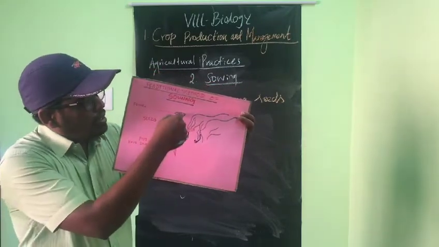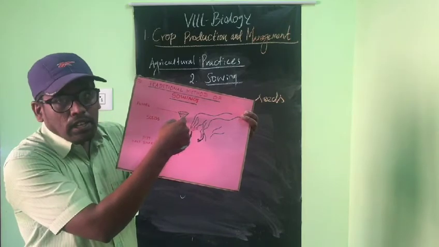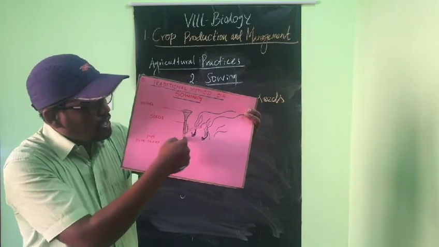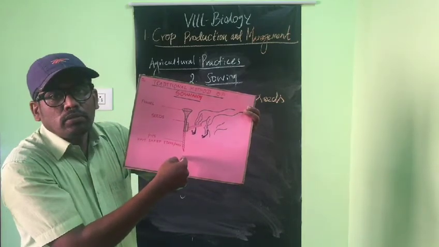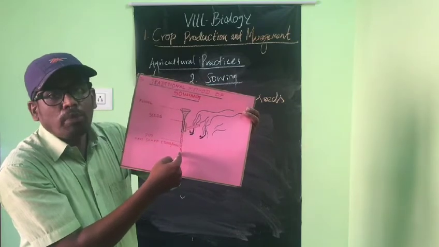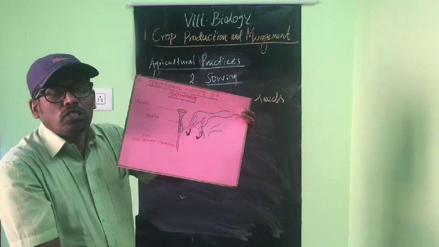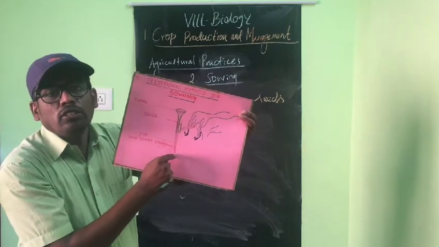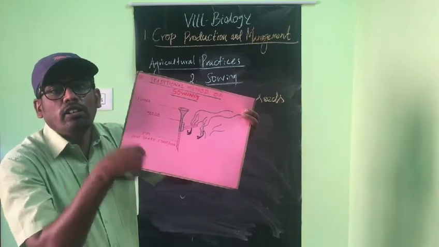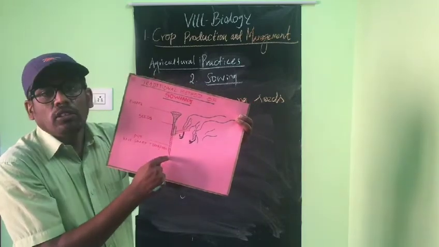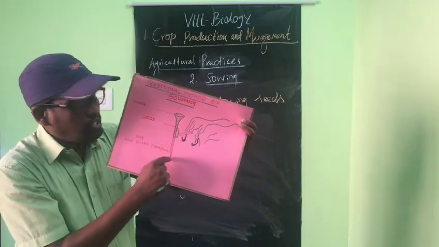Again, the seeds travel through the funnel and the long tube. The long tube has sharp edges, and the farmer gives pressure towards the ground, so it tills or puts a hole in the ground and a seed is dropped.